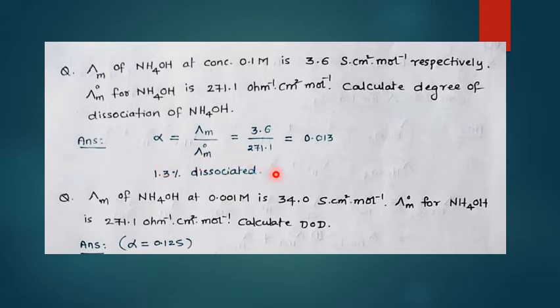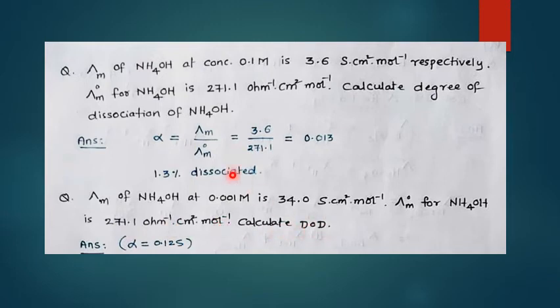Okay, next question. Molar conductivity of NH4OH at 0.001 m is 34.0 Siemens centimeter square mole inverse. Lambda m naught, or molar conductivity at infinite dilution for ammonium hydroxide, is 271.1 ohm inverse centimeter square mole inverse. Calculate degree of dissociation.